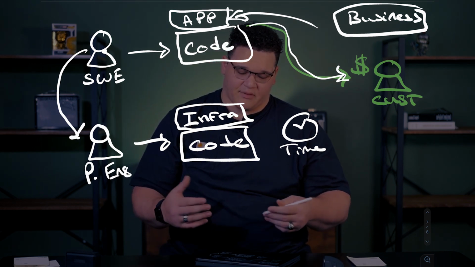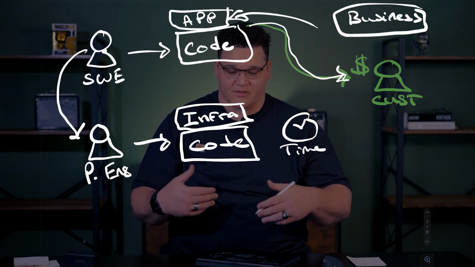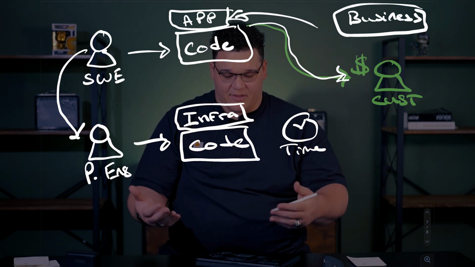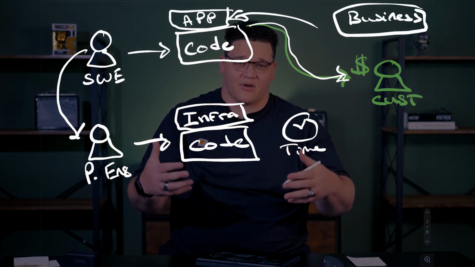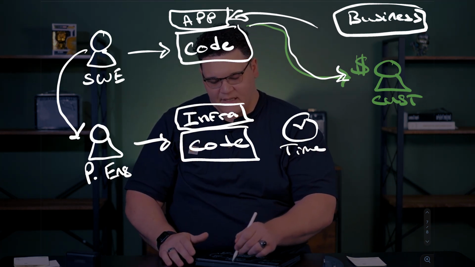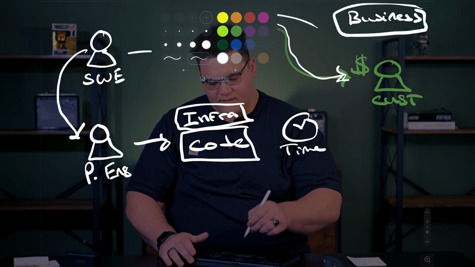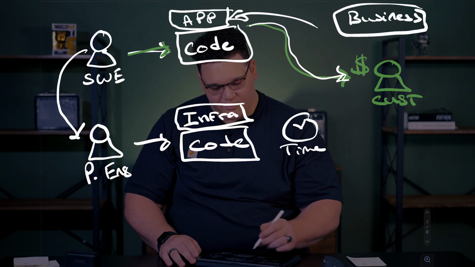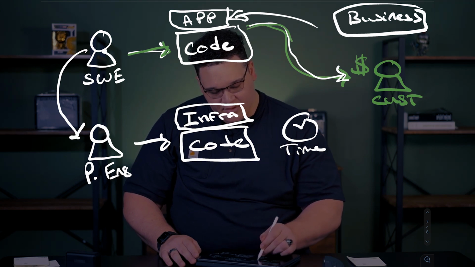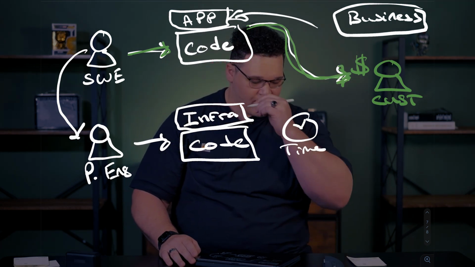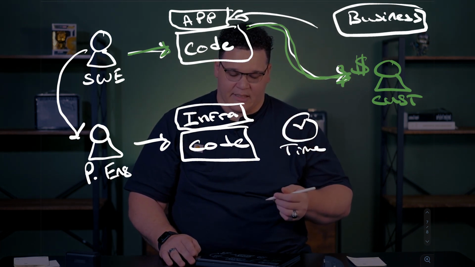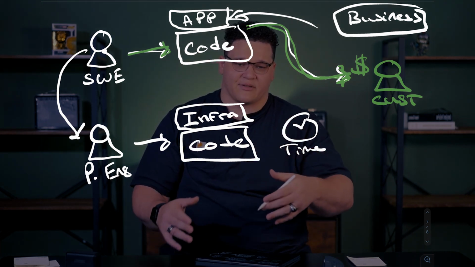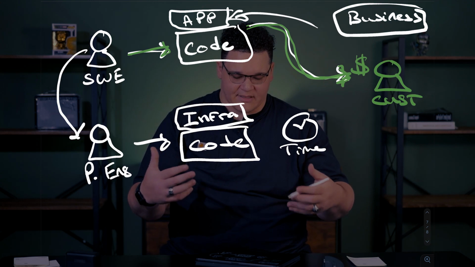The platform engineer builds the platform, and the software engineer consumes the platform, which is composed of automated infrastructure. Because of that consumption, we're able to deploy our code and get our app all the way in front of our customer. This is a very critical function for an organization to figure out.